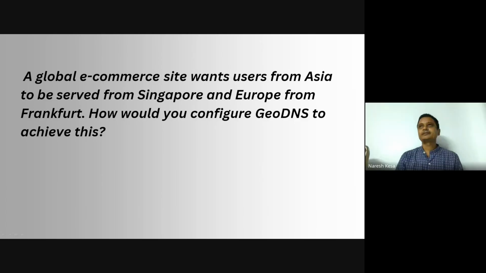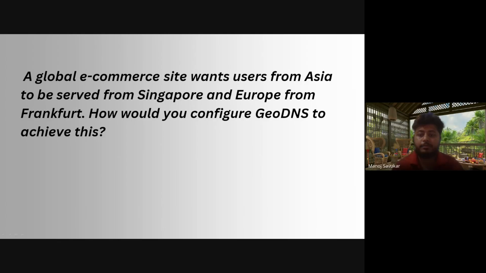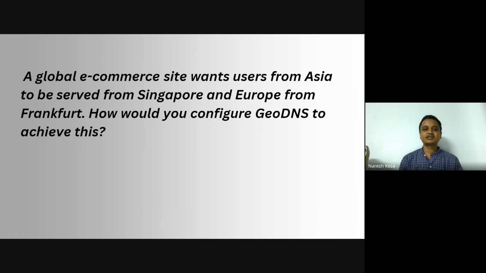Okay. First, we have to understand what GeoDNS is. By using GeoDNS, we can map users' location to the nearest server endpoint. Instead of all users hitting a single server, DNS will respond with the IP of the closest server.